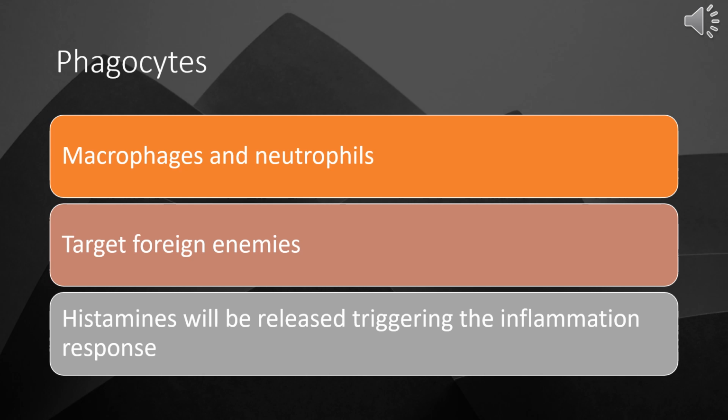What they do is they will target foreign enemies. Once the foreign enemies are inside of the body, the histamines will be released. This will trigger a process known as the inflammation response. And the inflammation response is a process by which phagocytes will destroy bacteria.